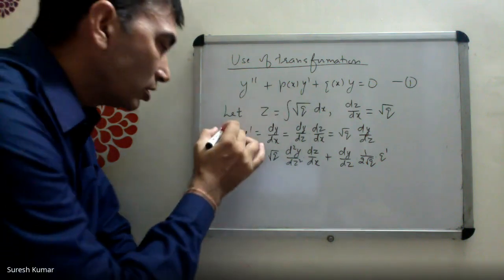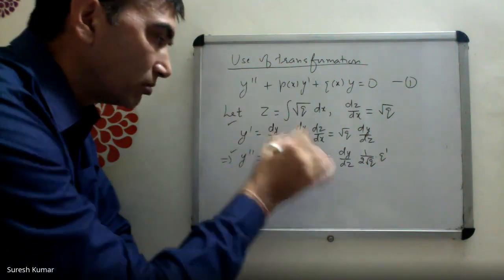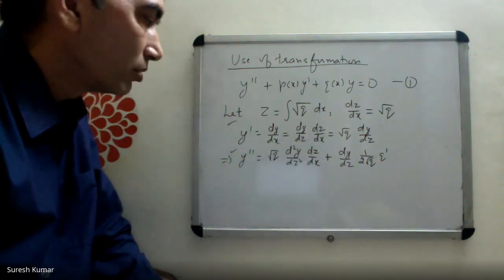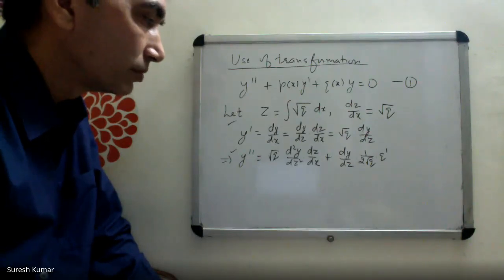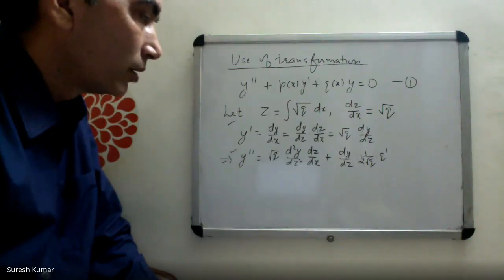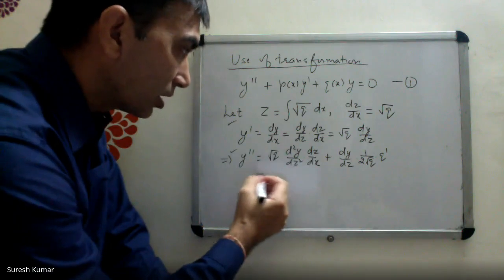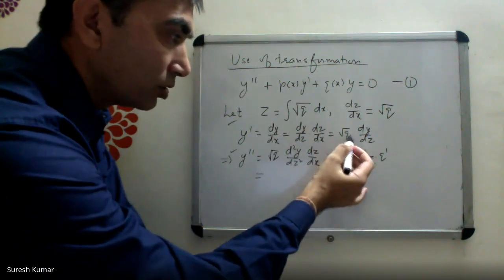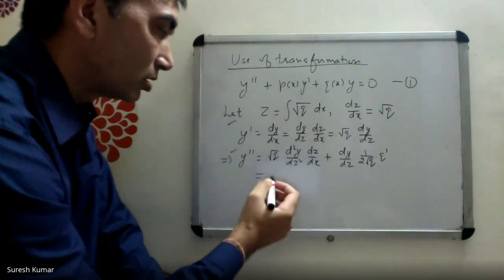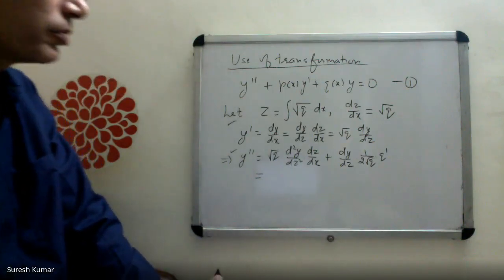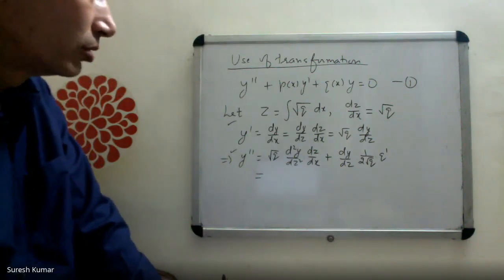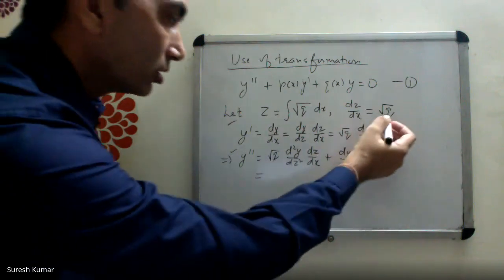So you have converted y prime as well as y double prime in terms of y and z. Now this dz over dx again can be replaced by root q. What is dz over dx? Root q.